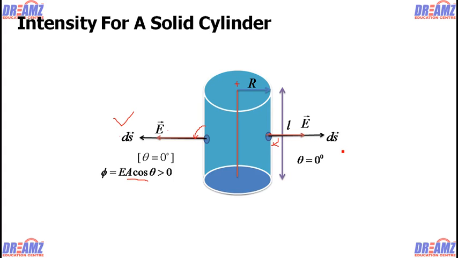Therefore, the angle between them is again 0. Then we can conclude for this side, the flux will be E a cos 0. That means cos 0 is 1, so it is E a, and that is also greater than 0, which is a positive value. So first thing we have to remember is that the produced flux in these two cases is not for the total surface area of this cylinder, but only for the lateral surface area.